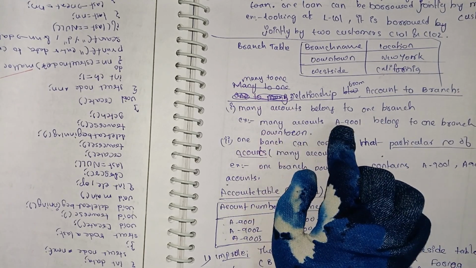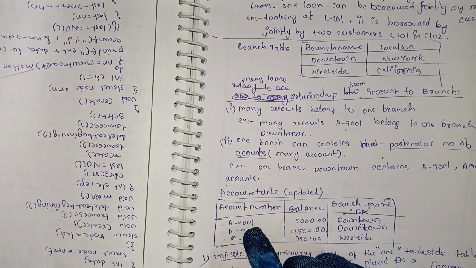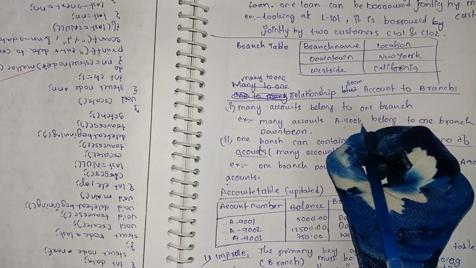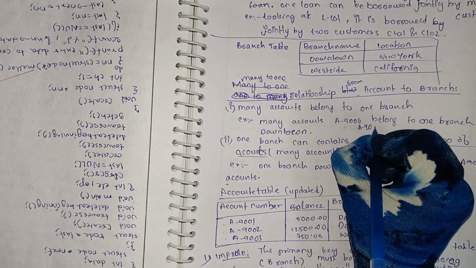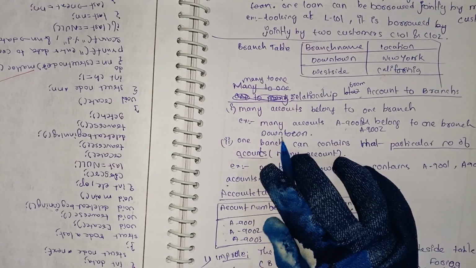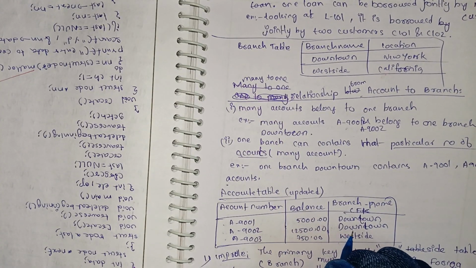Here many accounts, A9001 and A9002, these two accounts belong to one branch, that is downtown.